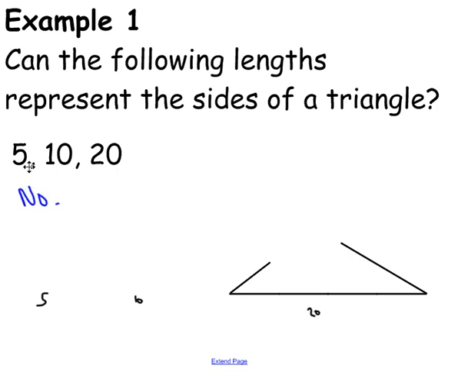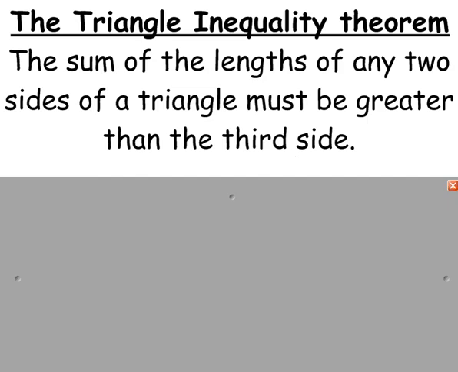Now, why is that? Why is it that they can't form a triangle? It goes back to this theorem that we call the triangle inequality theorem. The triangle inequality theorem, simply put, says the sum of the lengths of any 2 sides of a triangle must be greater than the 3rd side.